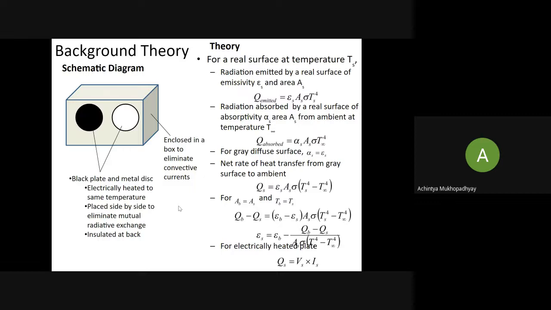But generally, I'll discuss it when I go to the actual setup, the photograph.